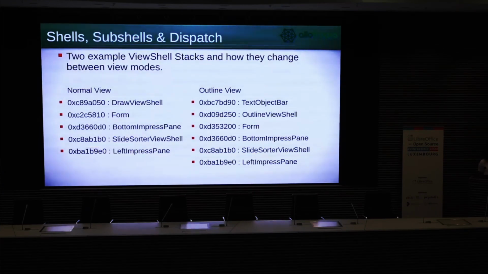The text object bar is a subshell that comes with the text editing toolbar. Instead of the outline view shell handling all the text editing dispatch commands, the text object bar does that, in a portable fashion. Basically, you don't need to re-implement it for every view shell. You can just have a text object subshell bar to make that work.